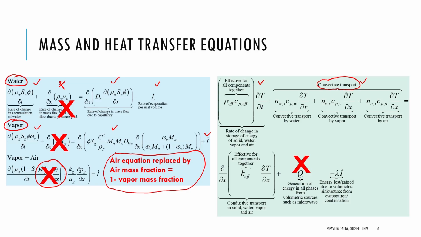And then the combined conduction, because it's very hard to treat conduction in individual phases separately, so solid, liquid water, vapor, and air, they're all combined in the conduction term with an effective thermal conductivity that is weighted by how much of each phase is there multiplied by the conductivity of individual phases, and then evaporation term.